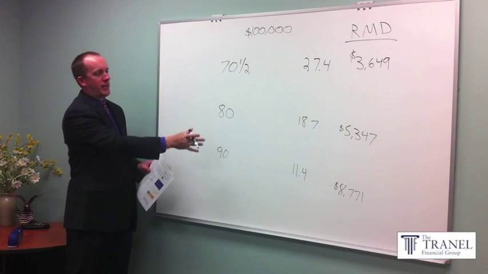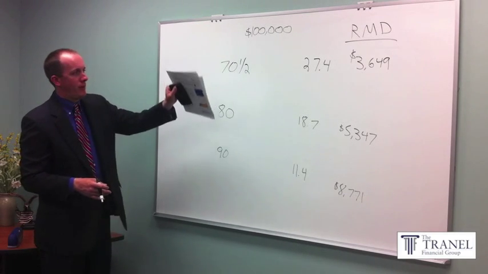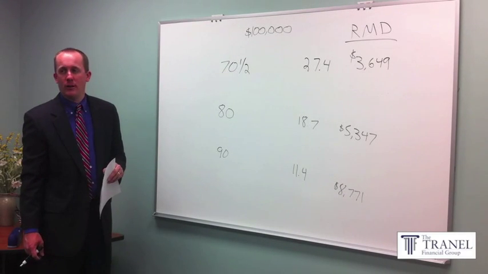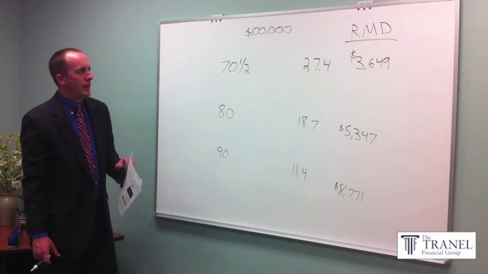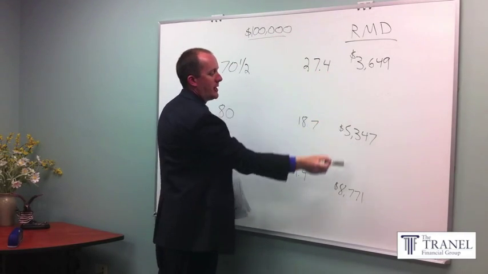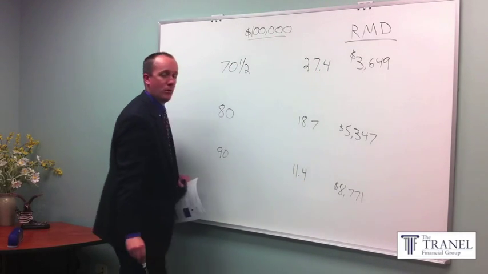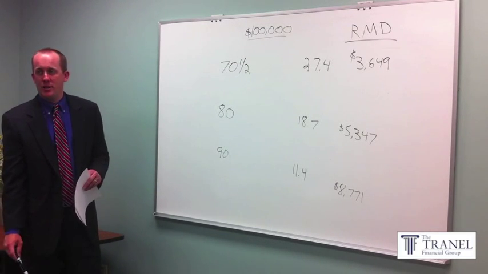Now, I structured things this way to illustrate a very important point. And this is often very similar to how I will structure my RMD presentation when in front of a client. I use $100,000 because it makes these amounts very easy to understand, because it's easy to relate to percentages.